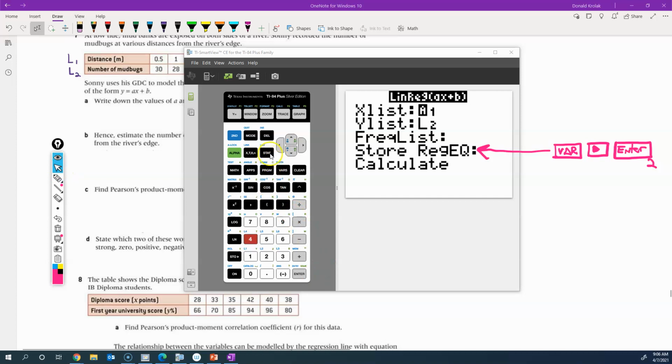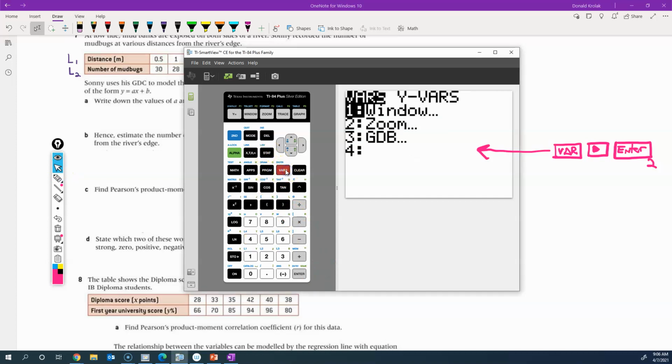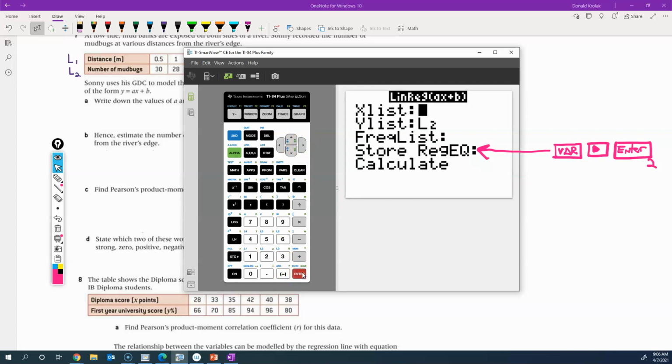Okay, so y variables, function, enter, enter.